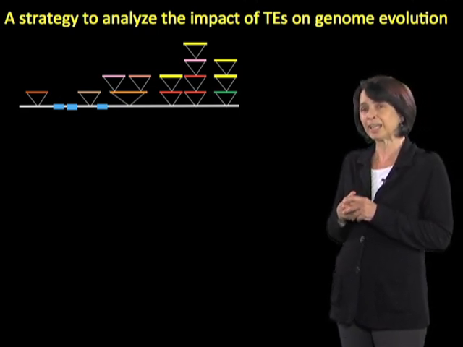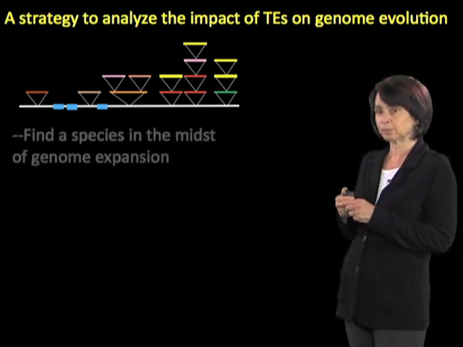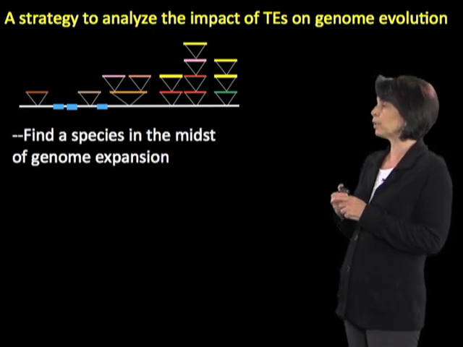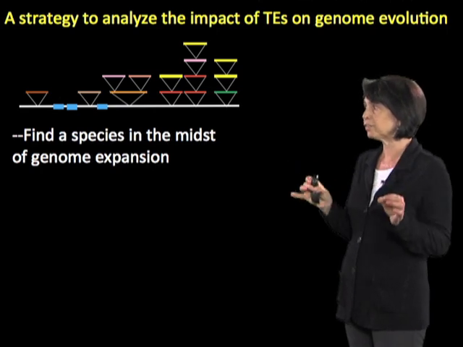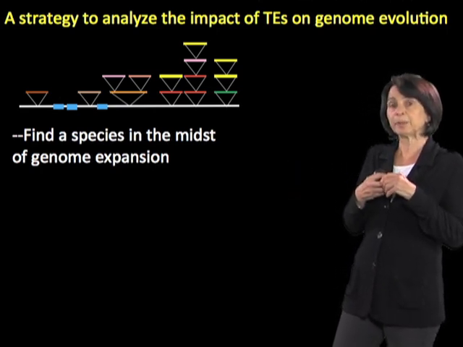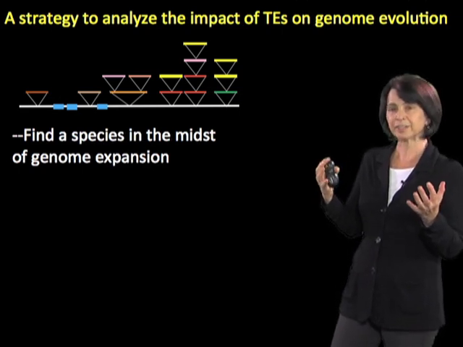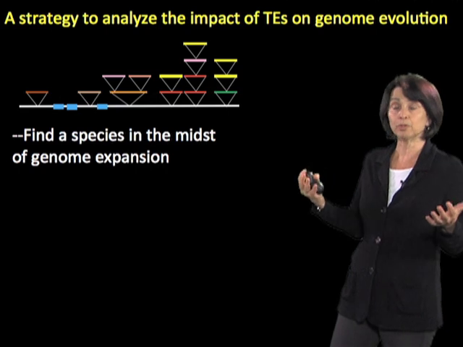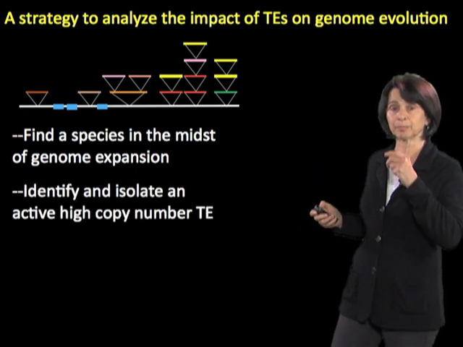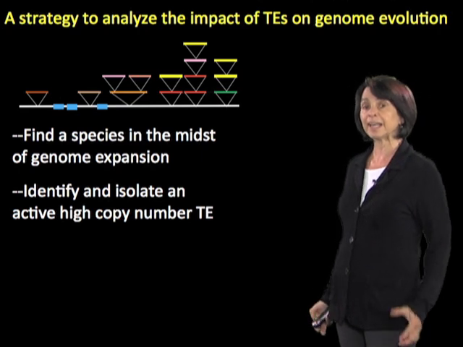In barley, about 85% of the genome is derived from transposable elements. So the strategy to identify evolutionarily relevant transposons is to find a species that is in the midst of genome expansion, where these high copy number elements are increasing their copy number. And we would then identify and isolate an active element.